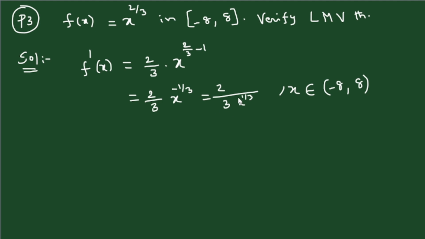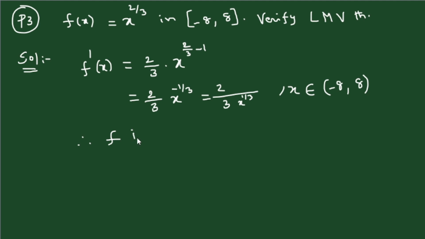The only troubling point for this function f dash is 0, because it is not defined at x equal to 0, and that 0 is present in the given domain. So at some point of the domain, the derivative of f is not defined. That means the derivative does not exist.